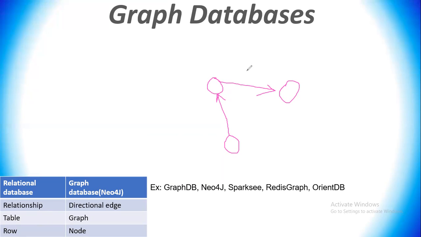That means the use case is when you have complex relationships, thousands of relationships like a graph. For example, in a social network, where one person can have multiple friends or other peers, right? And these relationships may have their own attributes.